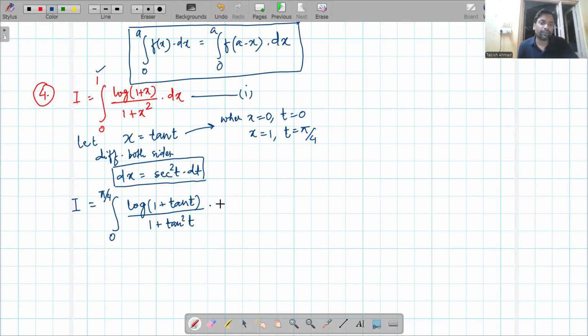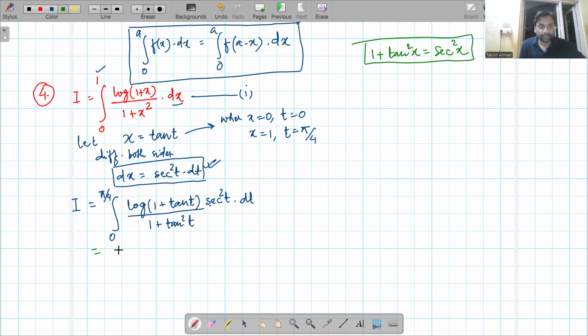Dot, now we have dx, and the value of dx we got from here, that is sec square t dt. Now the integration has changed. What is 1 plus tan square x? You have gone through this, that is sec square x, we know that. So we will be using this here.